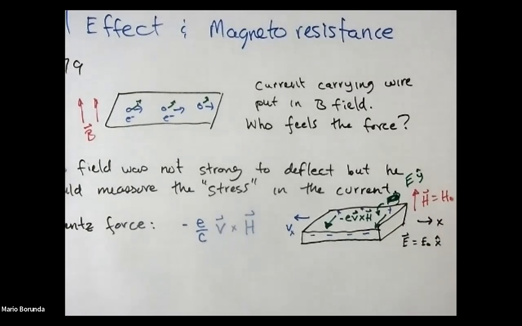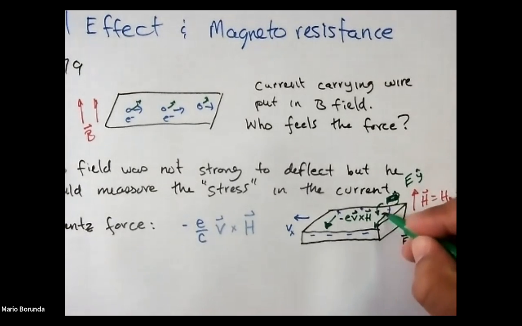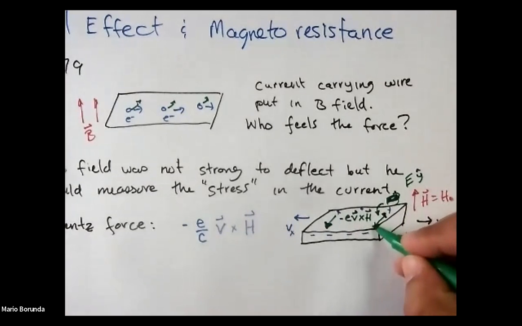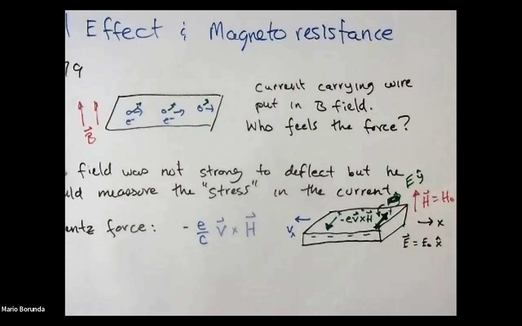Sorry, is it in that direction or the opposite? Because the electrons are moving this way, so the field should be in the opposite direction. Yep, it should go in the opposite direction. You're right. So there should be a field in that direction. Negative to positive, there's an electric field in the y direction. So this is the y direction going up.